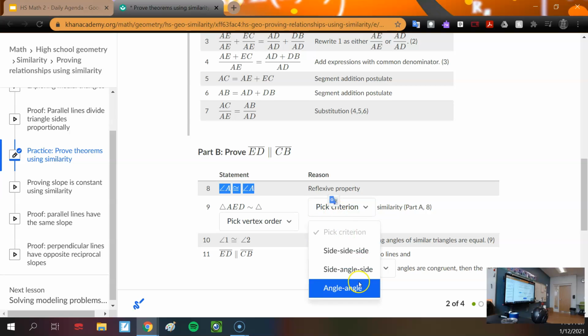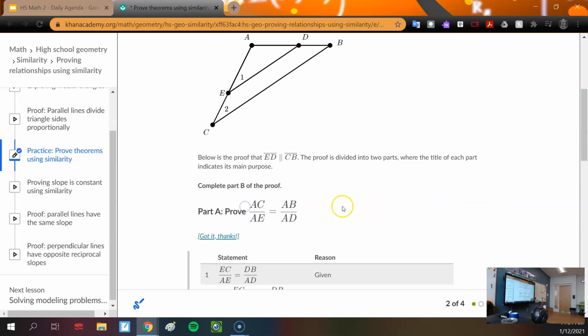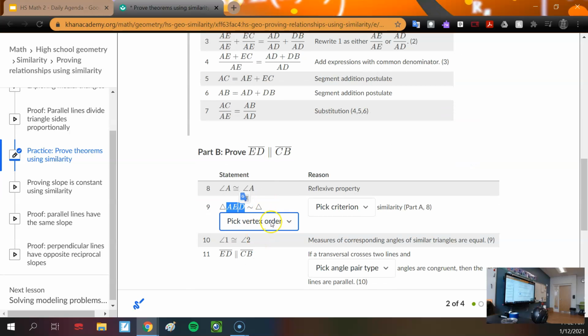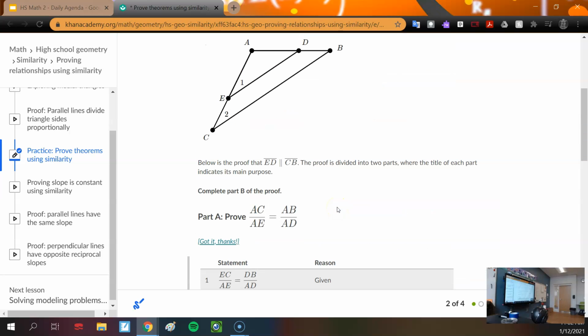Which one is it? Well, it's one of them involving angle, right? AED, what would be the other triangle order? ACB, right? And we know a ratio.